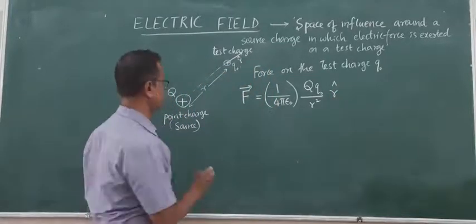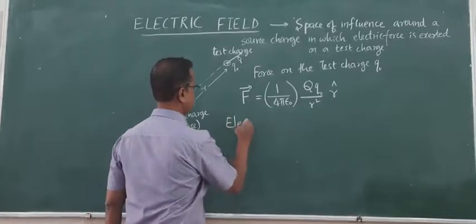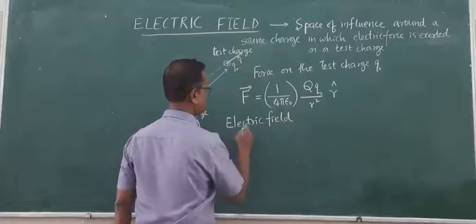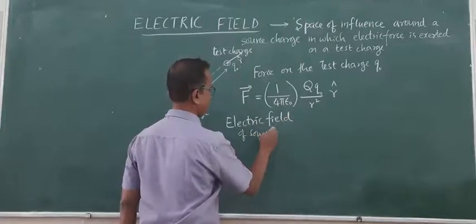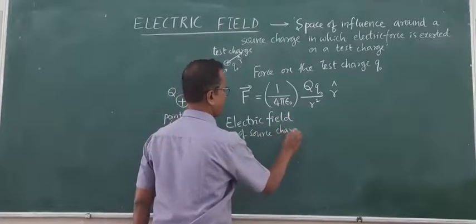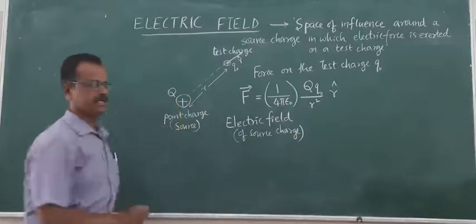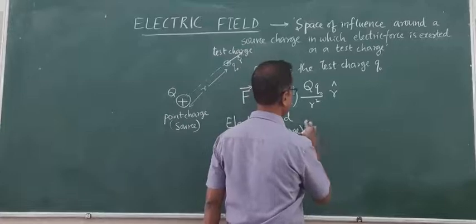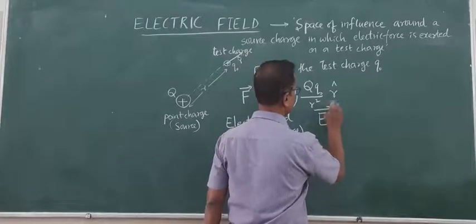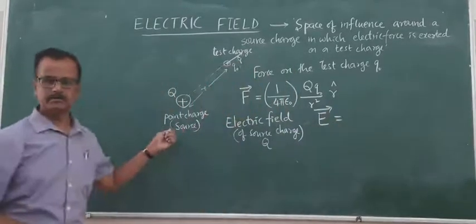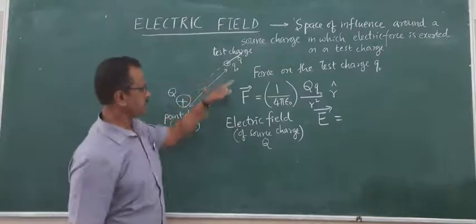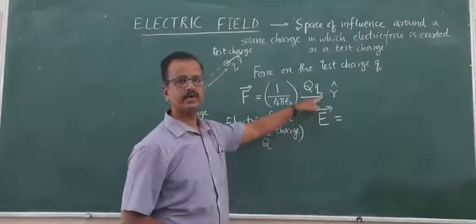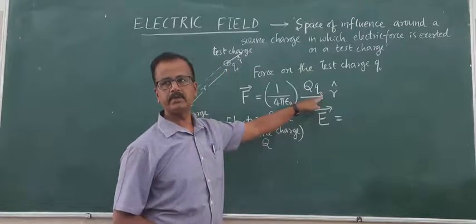Now the electric field of source charge capital Q is denoted by capital E. E is equal to the force experienced F per unit charge. If you want to calculate per unit charge, we have to divide by Q naught.